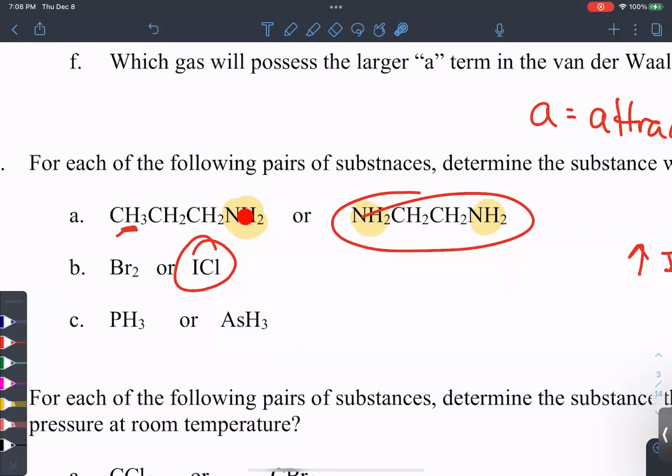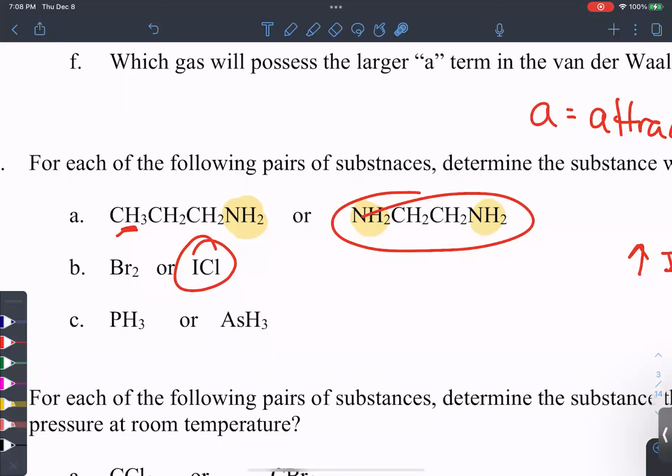Well, actually, it does have two spots to hydrogen bond, but it's identical over here. So actually, yes, technically this has four electropositive hydrogens. But we can see it just has double the amount. Okay. So ICl is the polar one, so it's going to have the higher boiling point.